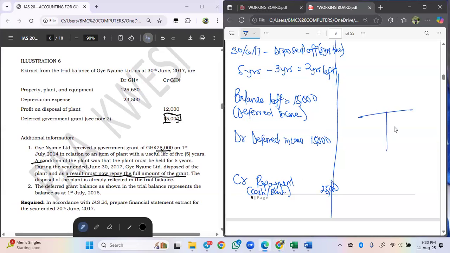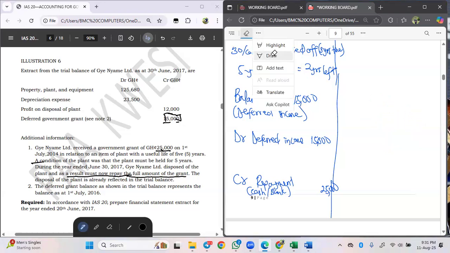Because the deferred income has a credit balance. It was 15,000 here. It's a liability credit balance. If you want to cancel this account off, you debit it. So at the end of the day, everything cancels each other, and you have nothing left in deferred income.